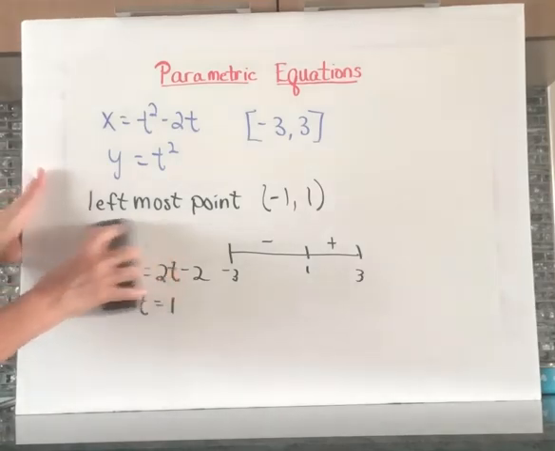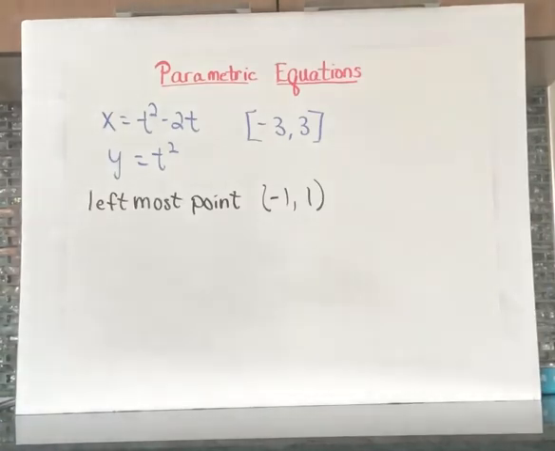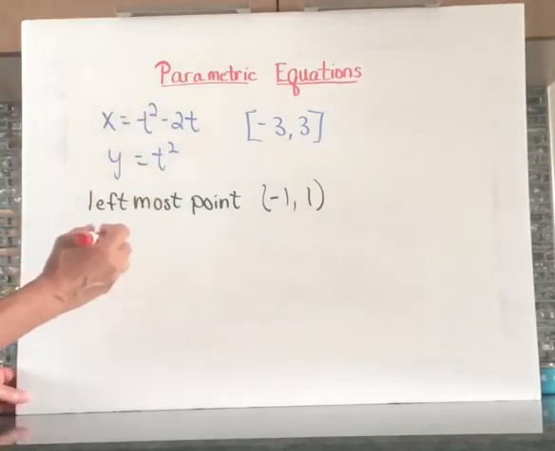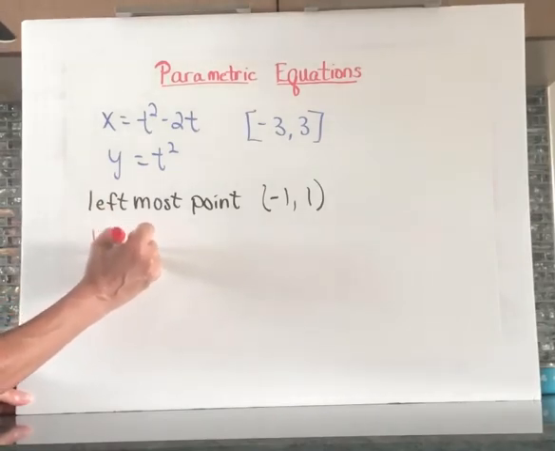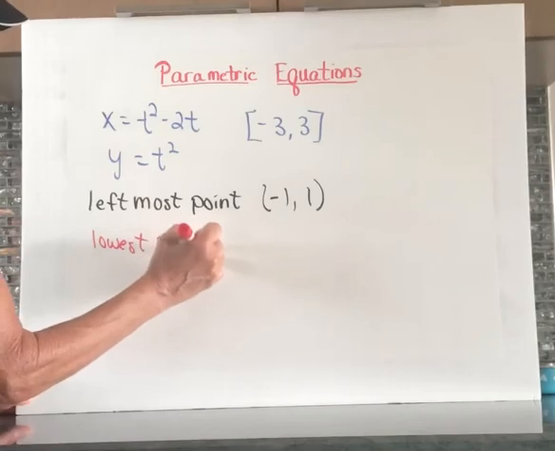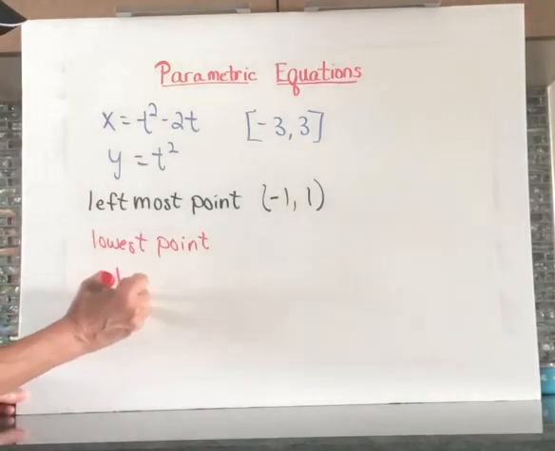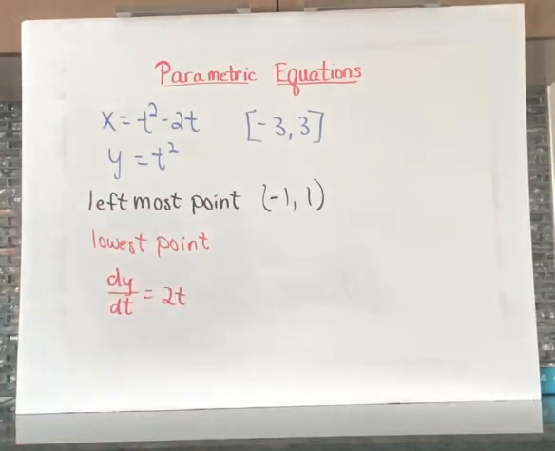If you're looking for the leftmost point, you're going left and right. Left and right is your x-axis. If I ask you for the highest point or the lowest point, that's our change in y. We're looking for dy/dt. So let's go with the lowest point. With the lowest point, we're working with our y-axis, because our y-axis goes high and low. So dy/dt is equal to 2t, and when you set that equal to 0, your critical point is 0.